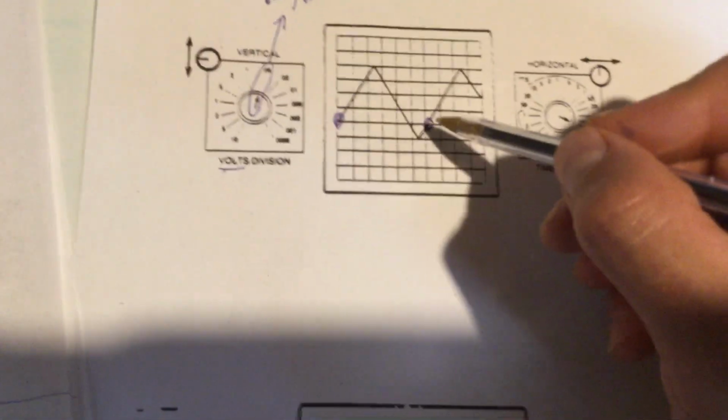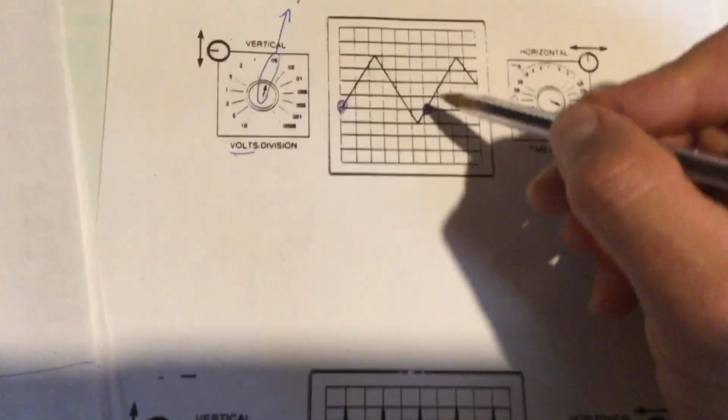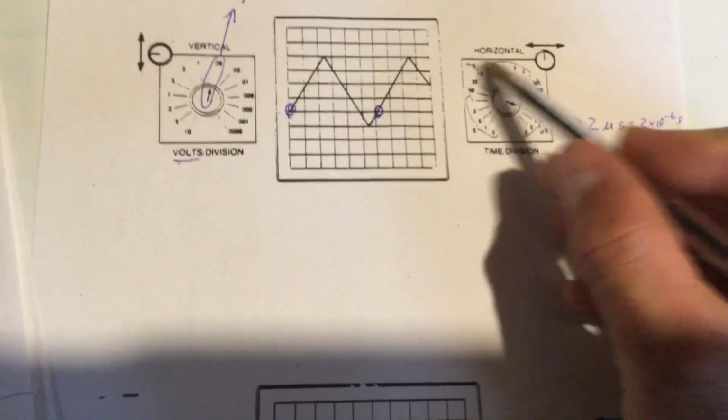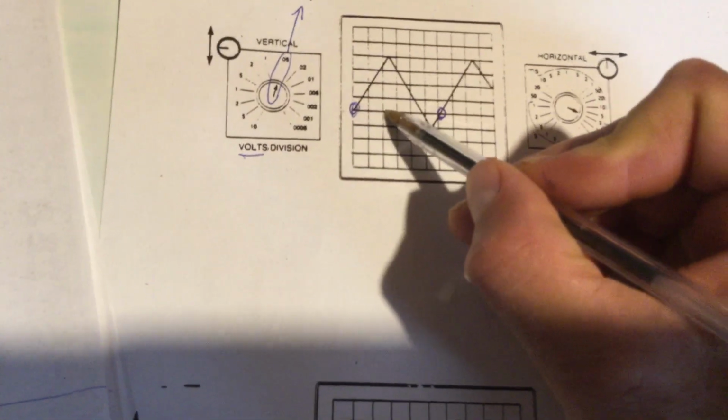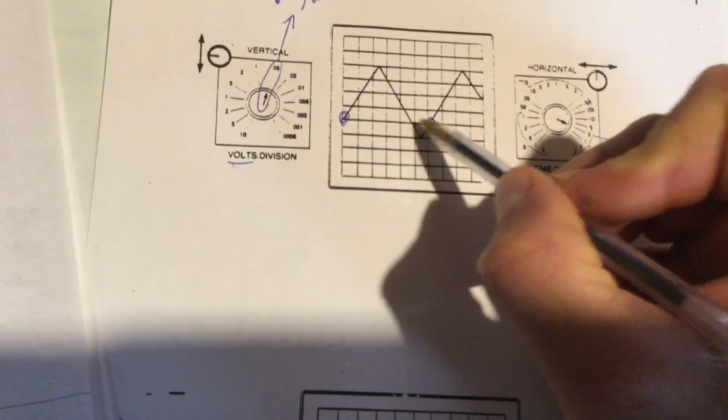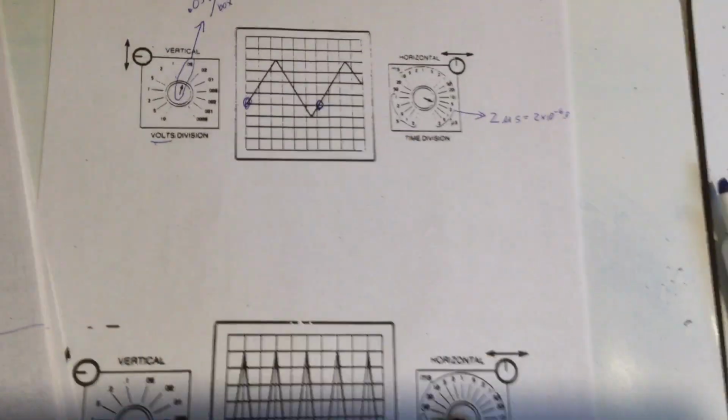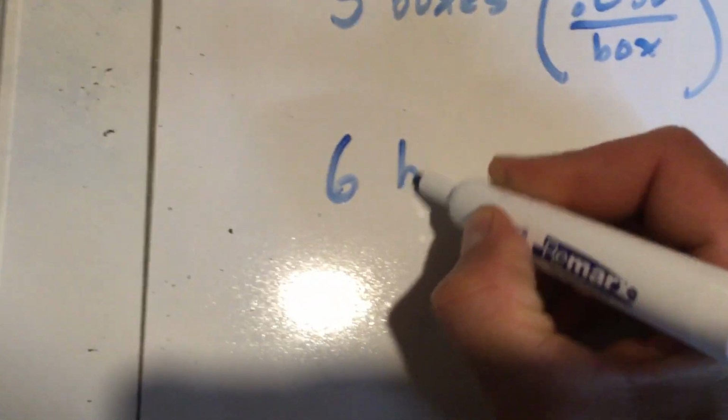And if we want to know how much time that is, again, we got to count boxes, but this time we're counting boxes horizontally, or left to right. So we start here. 1, 2, 3, 4, 5, 6. I get that there's 6 boxes.